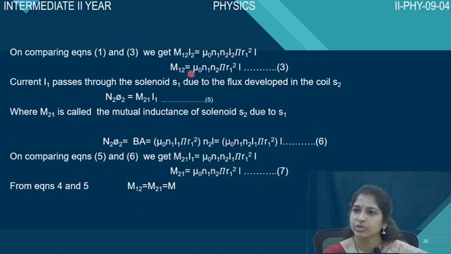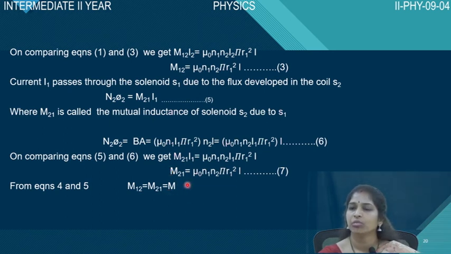This is mu naught N1 N2 pi R1 square L, and this also is mu naught N1 N2 pi R1 square L. So M12 equals M21, and as both are equal, we can take it as M. So what is the expression for mutual inductance of a solenoid?